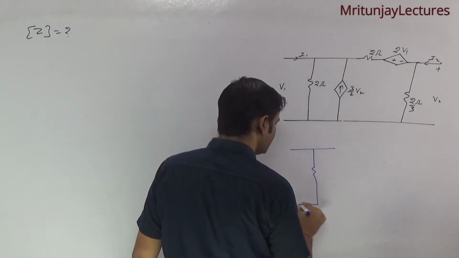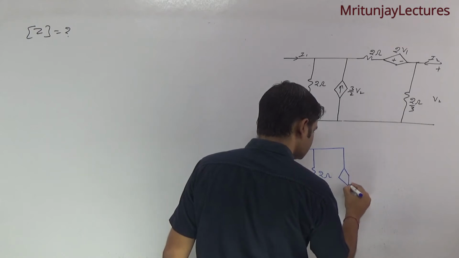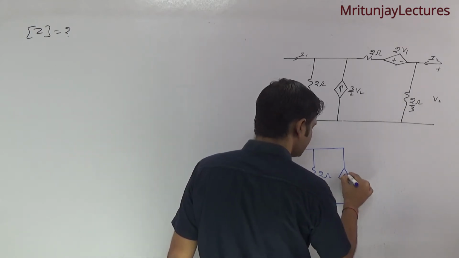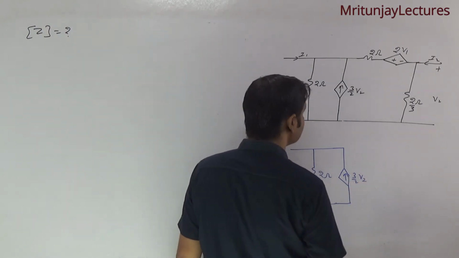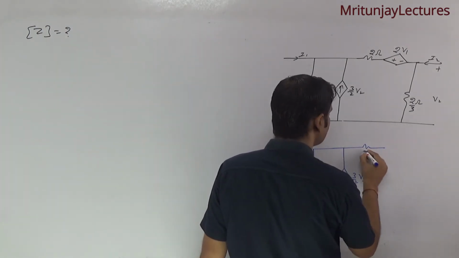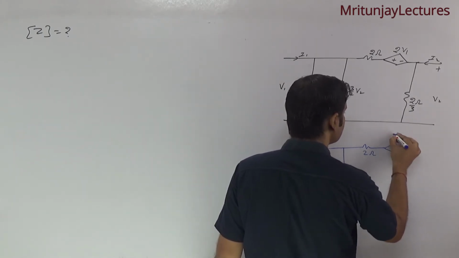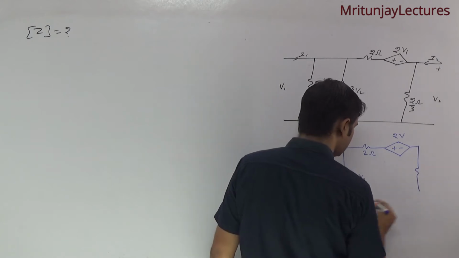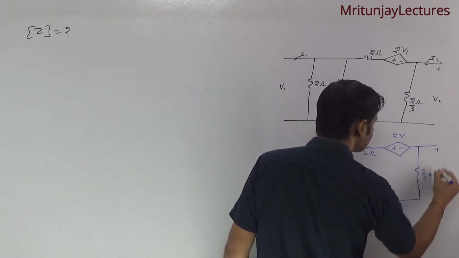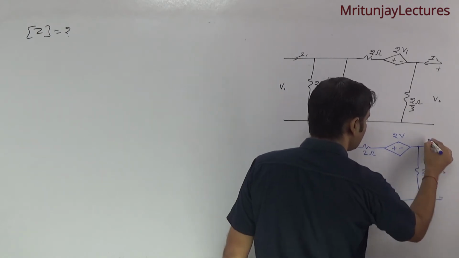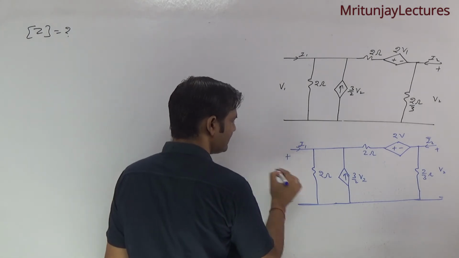Now if you make another circuit, that is 2 ohm and this one, that is 3 by 2 V2, a current source, and that is 2 ohm, and this one is plus minus 2 V1, and that is 2 by 3 ohm and plus minus V2, I2 current and here I1 and this is V1.